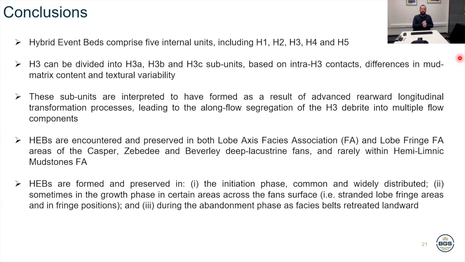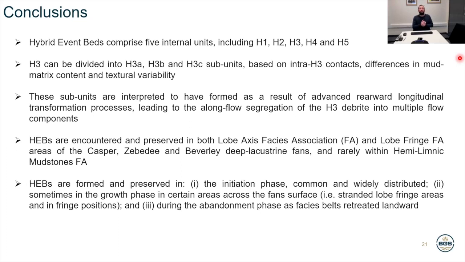Just to succinctly conclude here: hybrid event beds comprise the 5 internal units, including H1, 2, 3, 4, and 5 that you see in marine systems. H3 can be divided into A, B, and C subunits based on intra-H3 contacts and differences in the mud matrix contents, lithological composition, and textural variability and character.